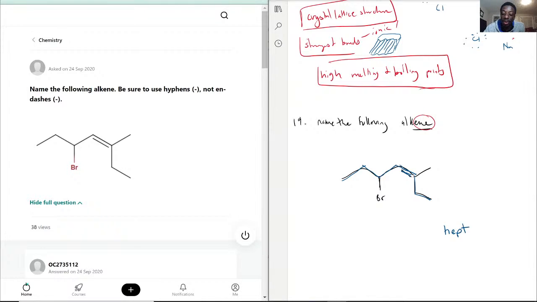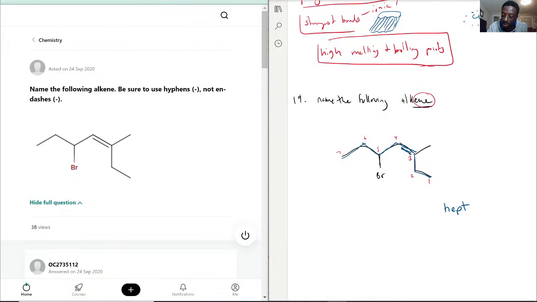So the way we number it is we start from the right side because that's closer to where the double bond is. So we have 1, 2, 3, 4, 5, 6, 7. And so we can say that this is hept-3-ene, because this is saying where the double bond is located. We don't say it's at the 4, we say it starts at the 3. Okay? And now, what other parts do we have?